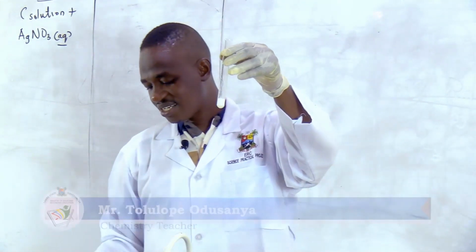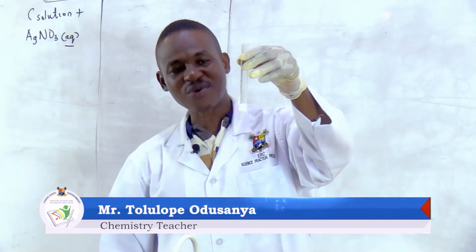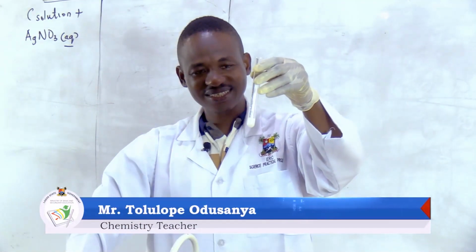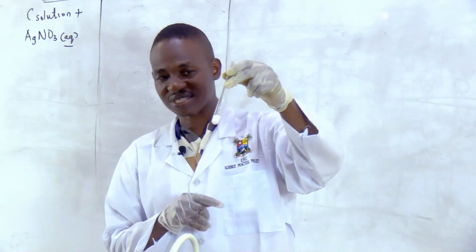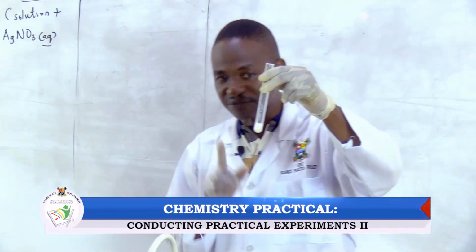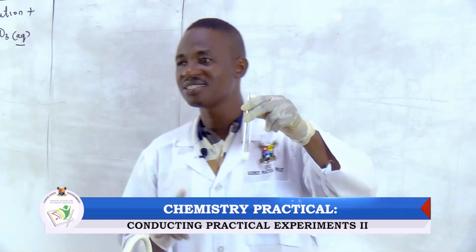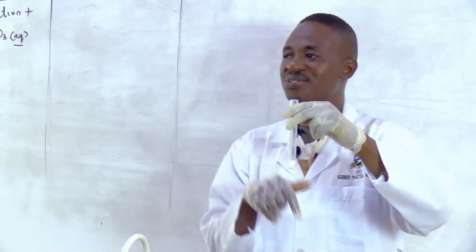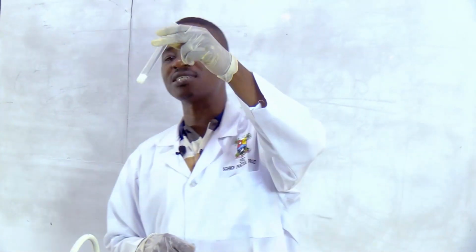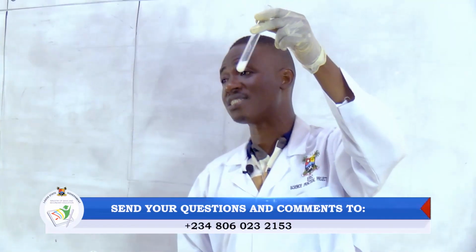Okay, fine. What do you see? White what? Precipitate. Yes. If you have watched our video on laboratory apparatus, your teacher has taught you what a precipitate is. Now you can comprehend it in what we are doing in the lab now. So this is a precipitate. And what is the color of this precipitate?